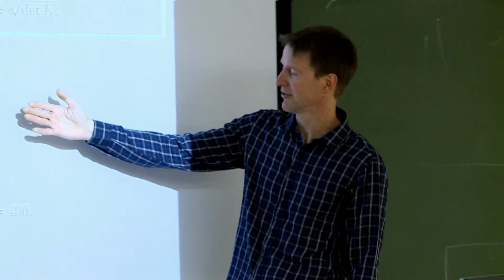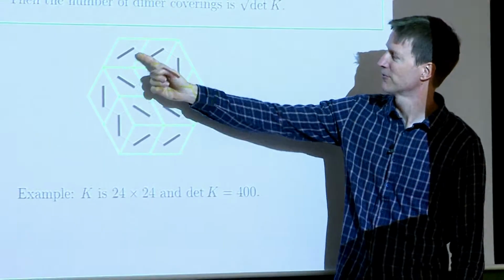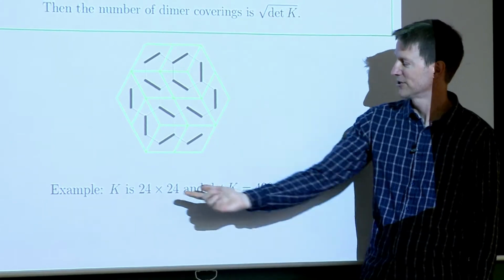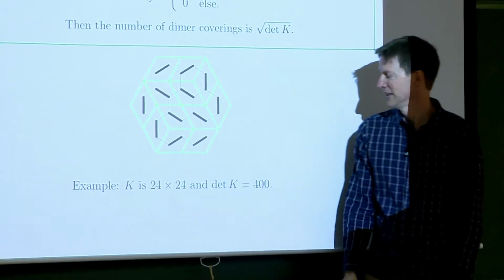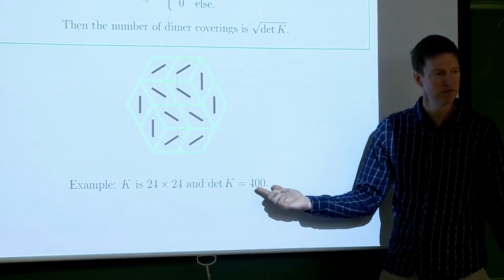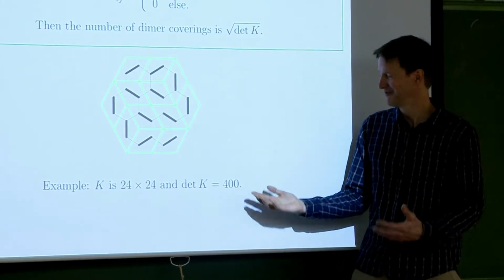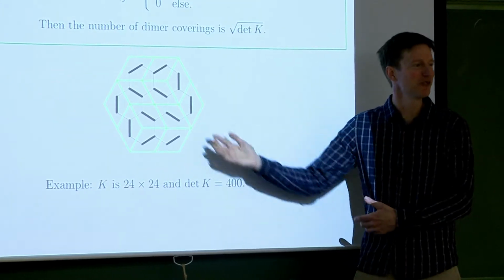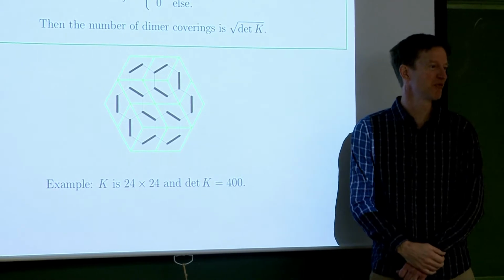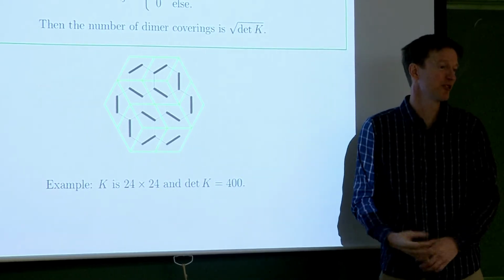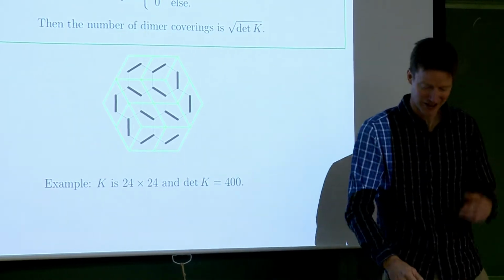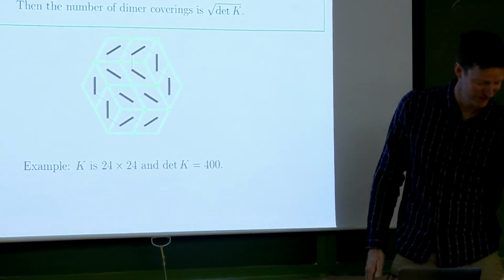In this particular case, I've got 24 vertices for this black graph. So it's a 24 by 24 matrix, and the determinant is 400. I did that on the computer. I didn't do that by hand, but the square root is 20, so there are 20 possible perfect matchings of that graph. Okay, very simple. The proof of this theorem is also very simple.